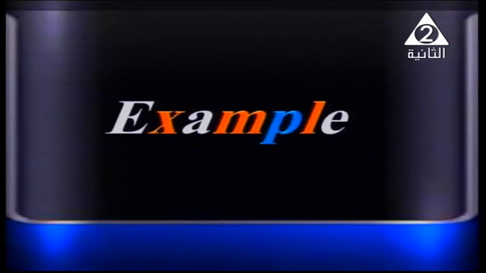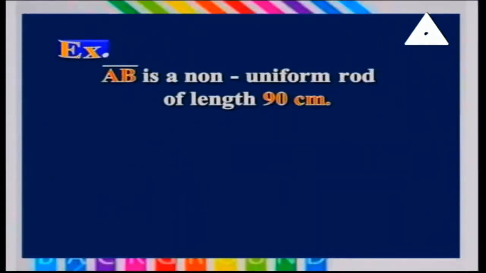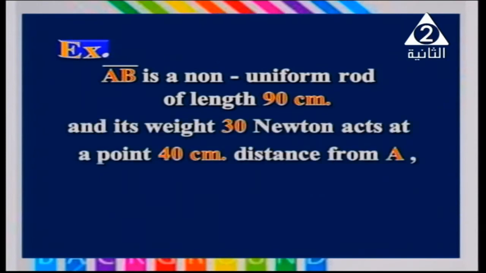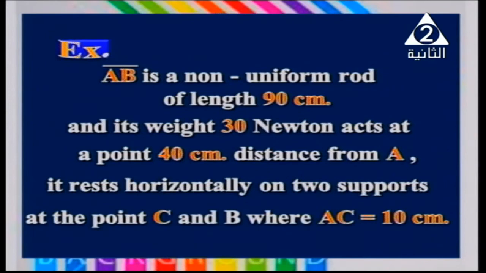My dear student, now we move to another example. AB is a non-uniform rod, length 9 centimeter and its weight 30 Newton, acting at a point 40 centimeter distant from A. It rests horizontally on two supports at points C and B, where AC equals 10 centimeter.